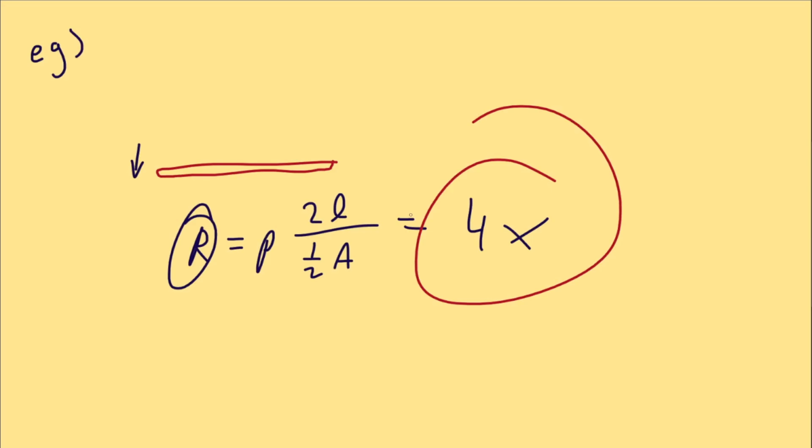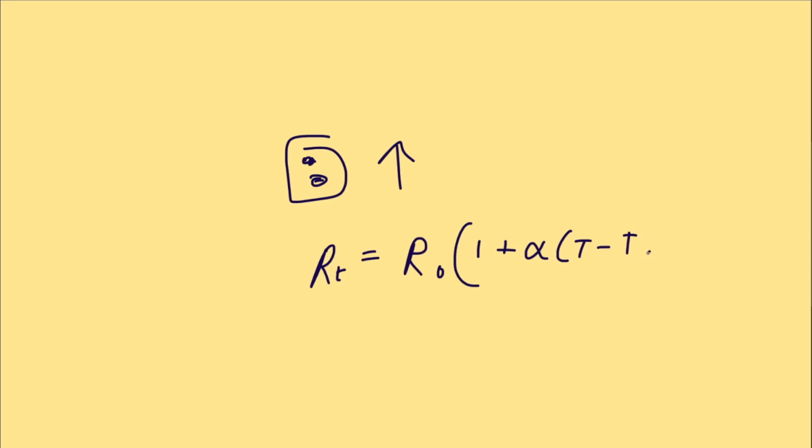How about temperature? How does temperature play a role in here? Most metals resist more when it's a high temperature. This is because atoms vibrate more and they interfere with the flow of electrons. So resistance is stronger. The formula for this, also on the cheat sheet, is resistance at a temperature equals this times 1 plus this minus this. And here's what each part means.